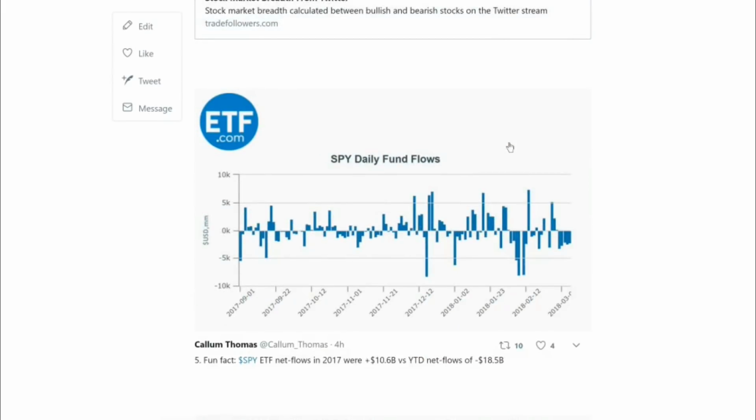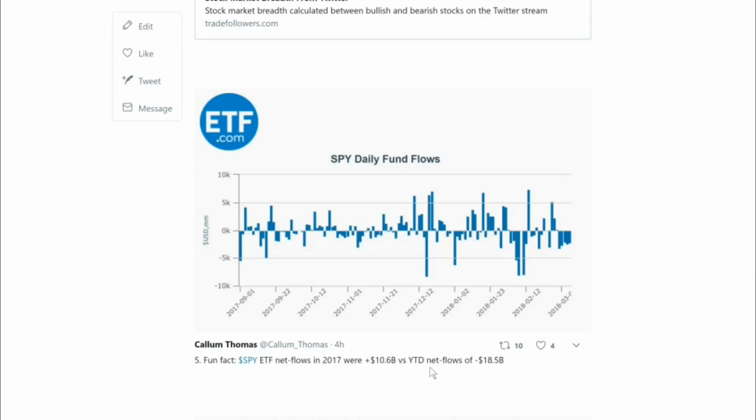And speaking of contrarian bullish signals, we've got here a fun fact. For SPY, which is a pretty big S&P 500 ETF, net flows in 2017 were plus $10.6 billion.